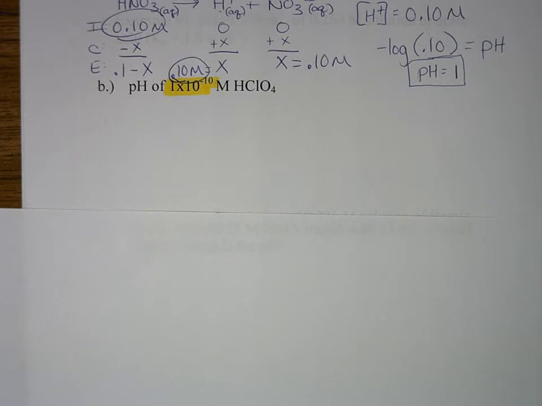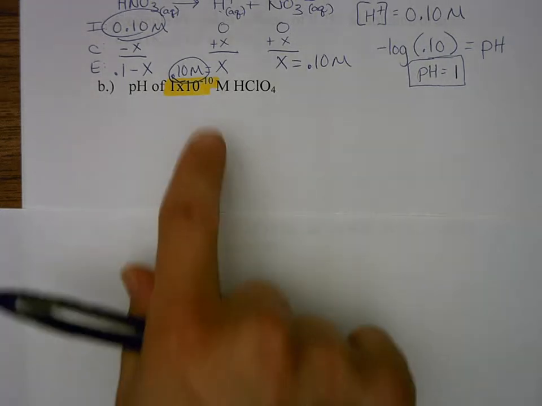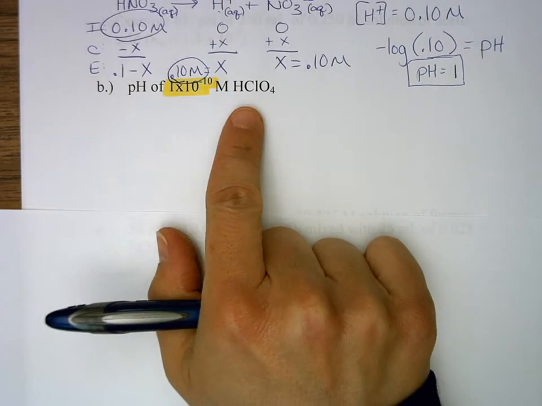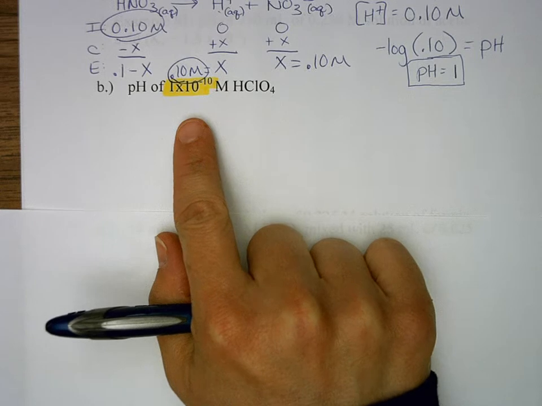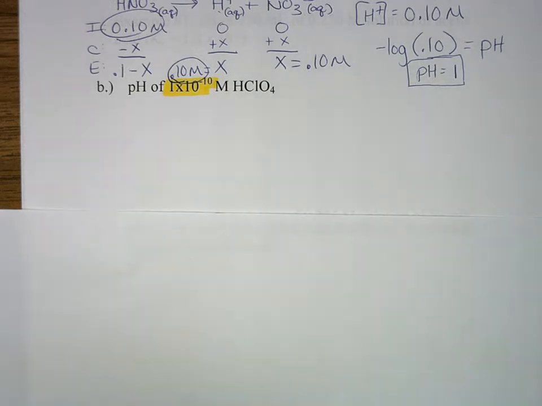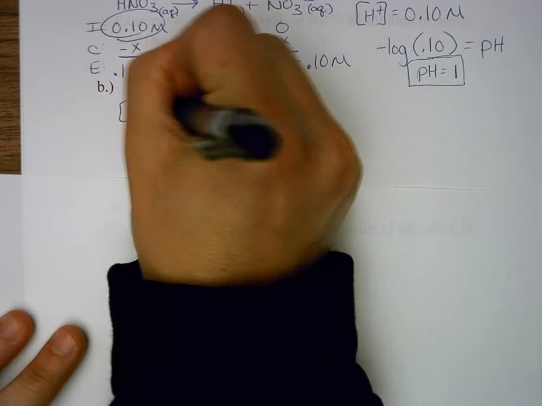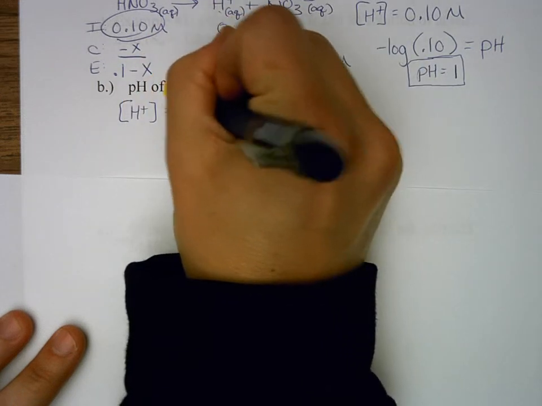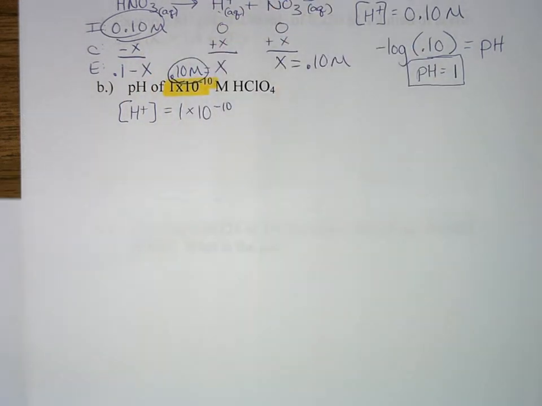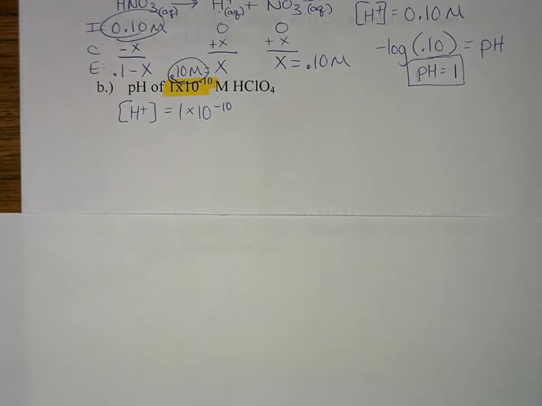When you see a strong acid in one of these problems, it's a happy thing because then you have full dissociation and it's easier to figure out the concentration of hydrogen ions. If my concentration of perchloric acid is 1 times 10 to the negative 10, and it's a strong acid, then the concentration of hydrogen ions is also 1 times 10 to the negative 10 after it dissociates.